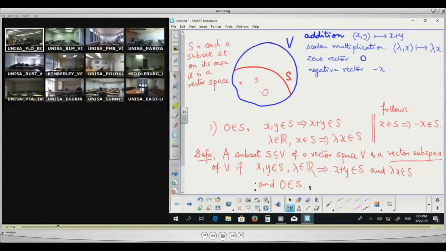Obviously, as you said, from here, taking lambda equals minus 1, it follows that the negative vector is also there. Right? Taking lambda equals 0, it tells me 0 times x, which is 0, is there. But there's a crux. This is an implication statement.